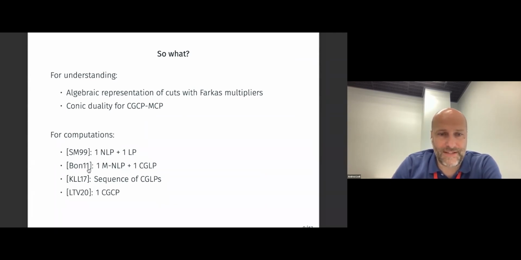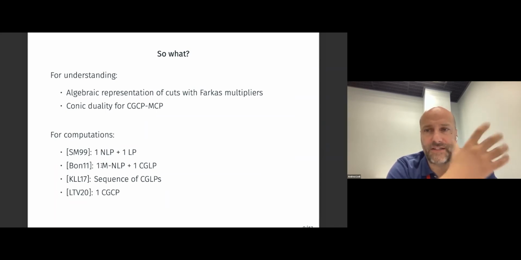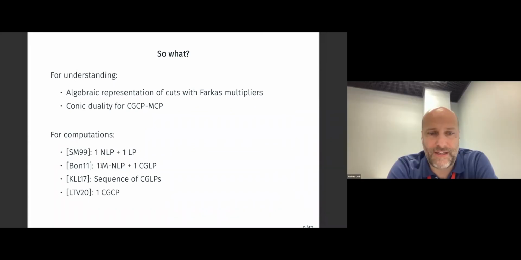As I said, in Pierre's approach he uses a modified version of the NLP, and then he has this outer approximation scheme in which he is able to use one single cut-generating LP, a large linear program that he solves in the dual, so in the membership problem, while the approach by Kılınç, Luedtke, and Linderoth solves a sequence of cut-generating LPs. The idea is quite simple but effective. It's an outer approximation scheme.